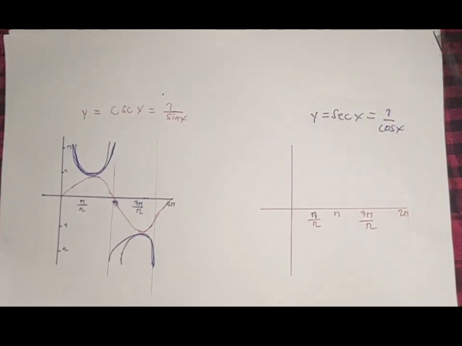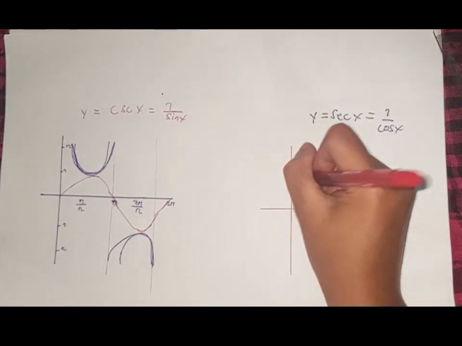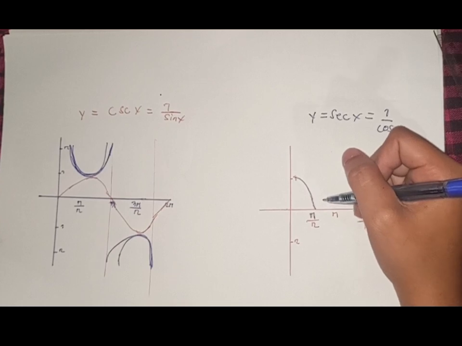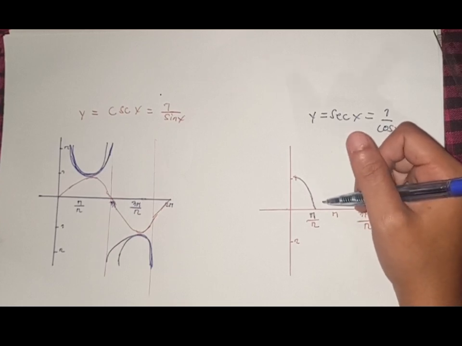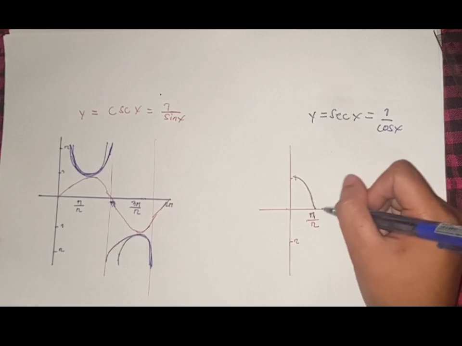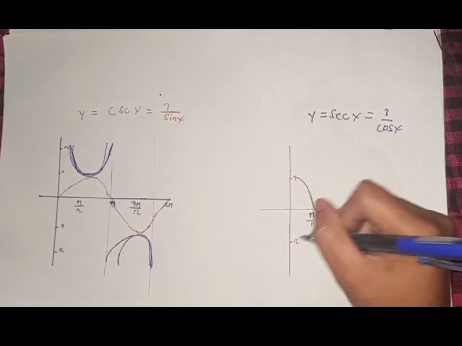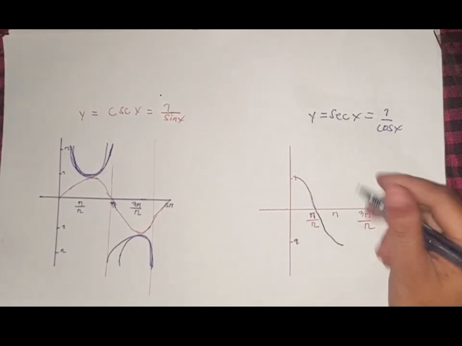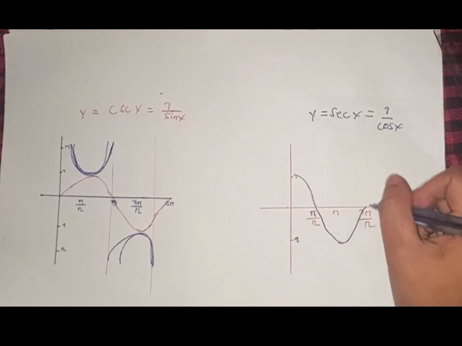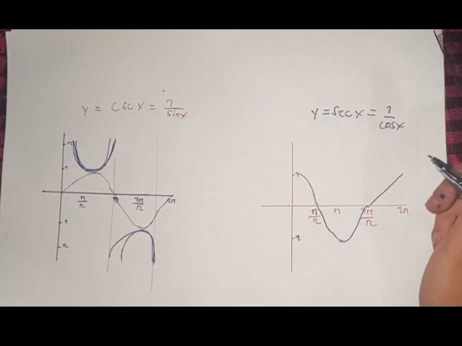Now, same as cosecant, for secant we can use the cosine graph as a reference. In the cosine graph, we start from the maximum, go to the midline, go to the minimum, back to the midline, and go back to the maximum.